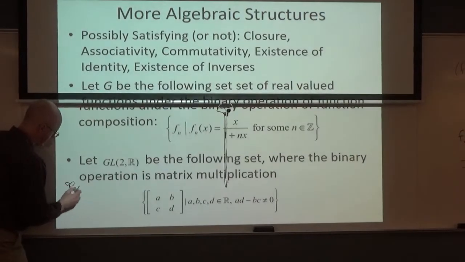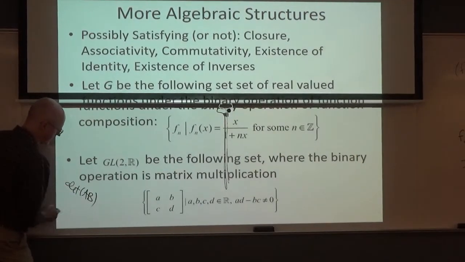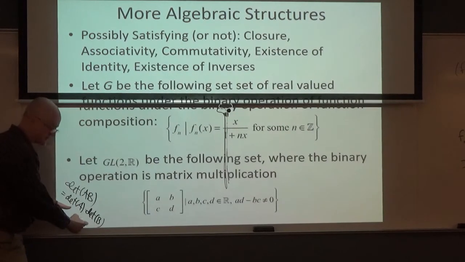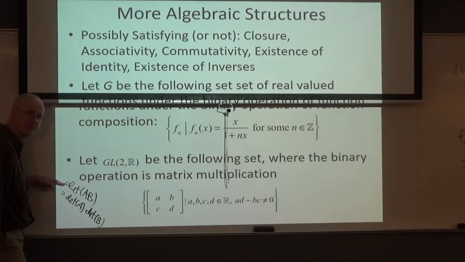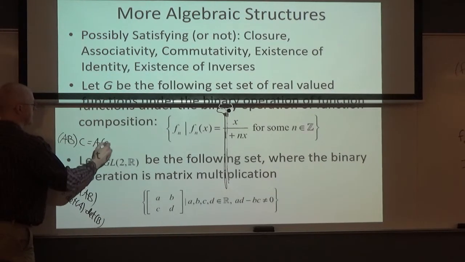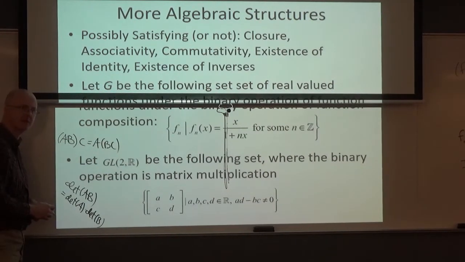Maybe you remember from linear algebra, the determinant of the product of two matrices is the product of their determinants. That's a fundamental property of determinants. So if these two determinants are non-zero, this one's going to be non-zero. Associativity? Yeah, matrix multiplication is associative. I'm not going to prove that, but that's true.